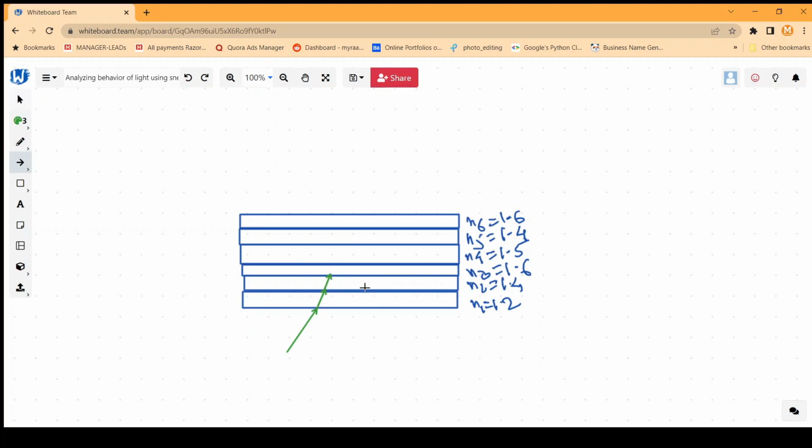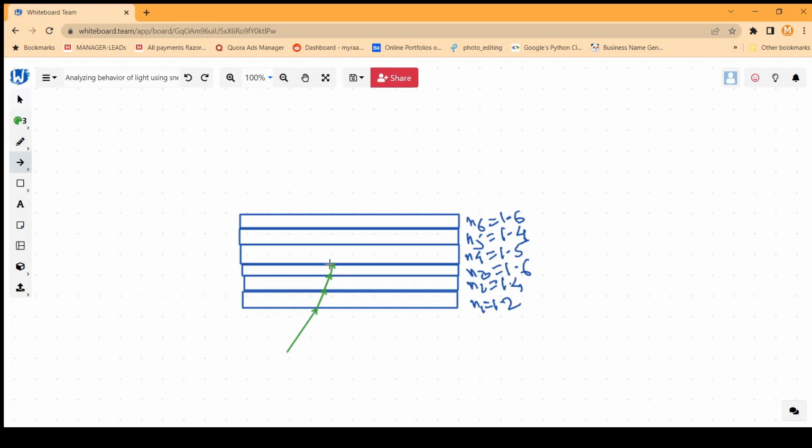Now it is going to move from 1.4 to 1.6, which is again a denser medium. So the ray of light is not going to go straight but bend further towards the normal like this. Now it is interesting. Now it is going to move from 1.6 to 1.5, which is a lighter medium.